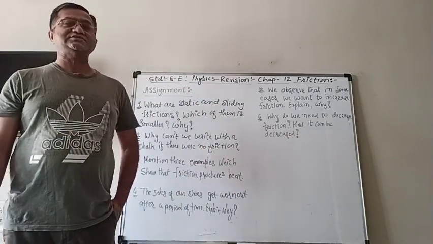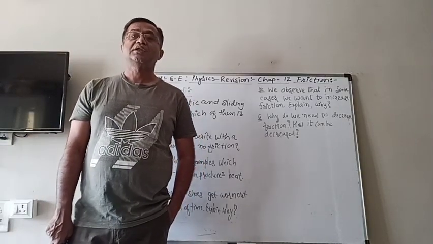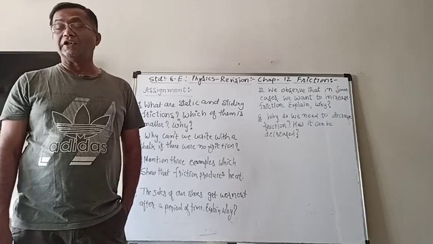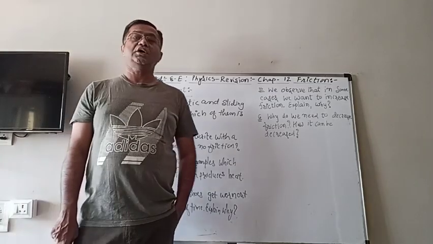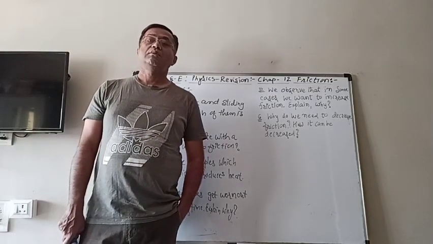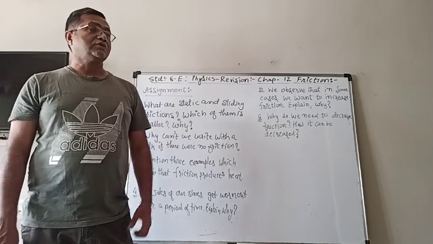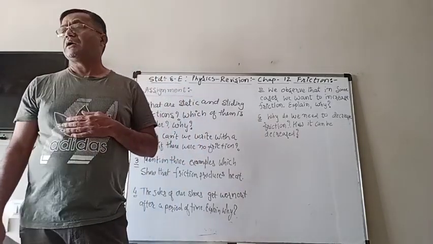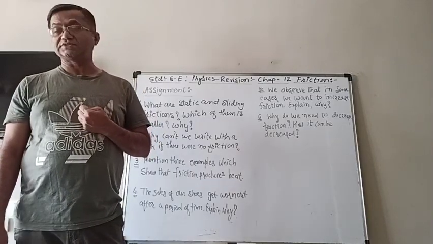When two surfaces come in contact with each other, these irregularities lock each other, and therefore the motion is opposed because the force of friction is produced, and it slows down the moving object.